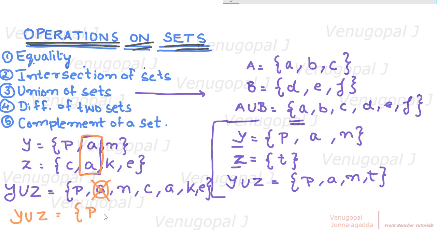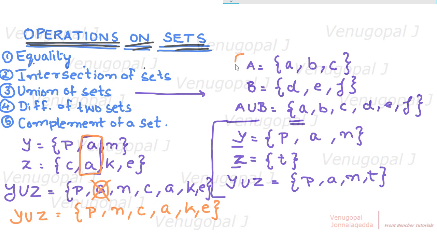So the Y union Z will become P, N, C, A, K, and E. So this is our union. So try to understand the exception.